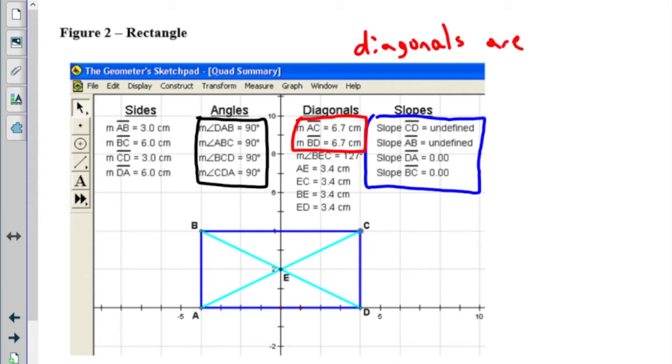In other words, A to C, the entire diagonal, and B to D measure the same. They're both 6.7. So the diagonals are congruent. That's kind of the new piece that is true about a rectangle on top of all the angles are 90.